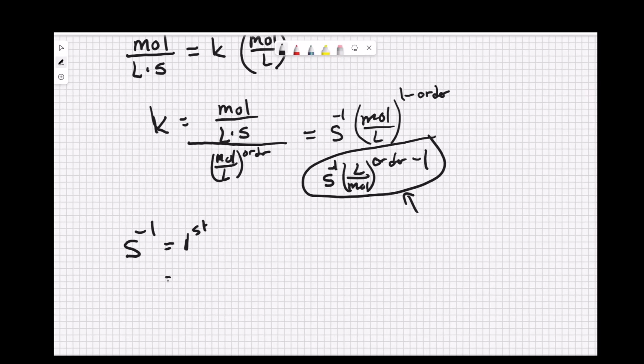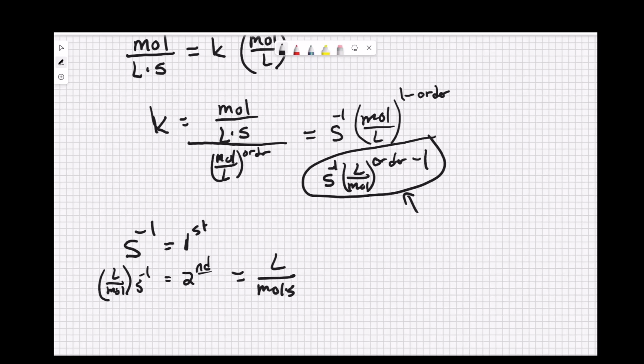What would it be for second order? Well, you just told me throw a 2 in there, right? What do we get when we throw a 2 in there? Well, 2 minus 1 is 1, right? So this is going to be liters per mole, and then multiplied by seconds to the minus 1. Well, what we usually see this written as is liter per mole second.